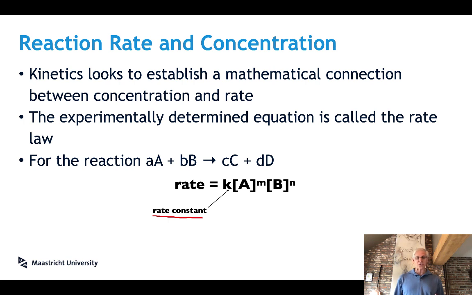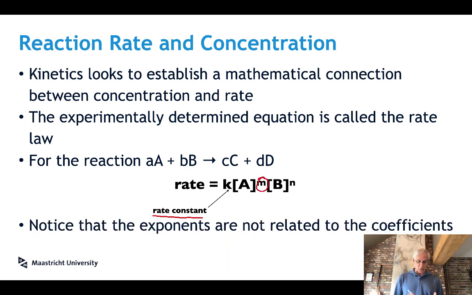The other thing I want to make sure that I point out is that we've got these rate orders here. We call them this exponent of m and n. Notice that m and n do not show up anywhere in that balanced reaction. And this is because those exponents are not related to the stoichiometry of the reaction in any way.